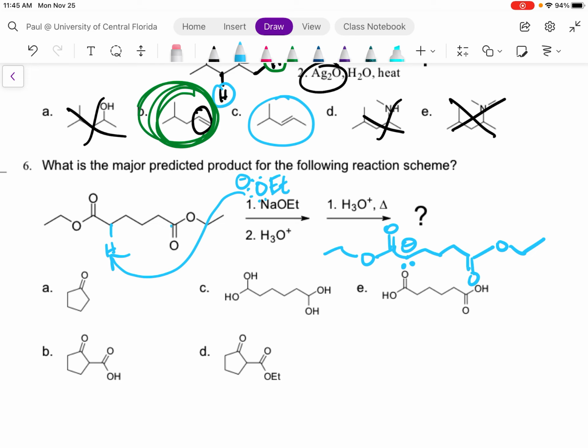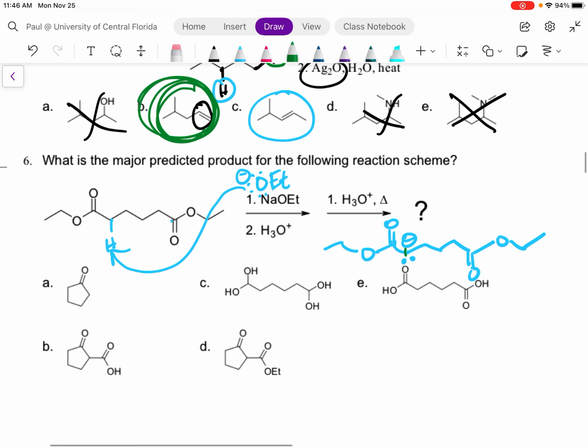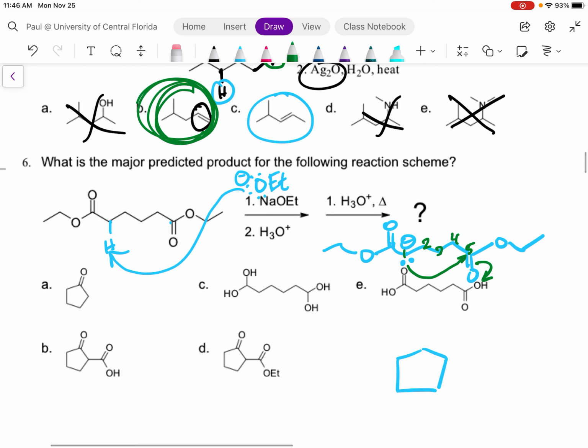And then that's going to come in and attack. If we number these carbons 1, 2, 3, 4, 5, that lone pair is going to come in and attack carbon 5 to form a 5-membered ring. Okay. If you draw your 5-membered ring there, and if we call this carbon 1, okay, we see that it formed a bond with carbon 5.